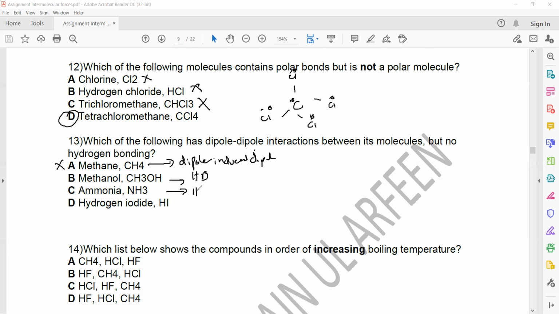The third one, ammonia, also has Hb. But hydrogen iodide will have dipole interaction. Why? Because two different atoms are there with a difference in electronegativity, so it will be partial negative and positive. So D will be the right answer.